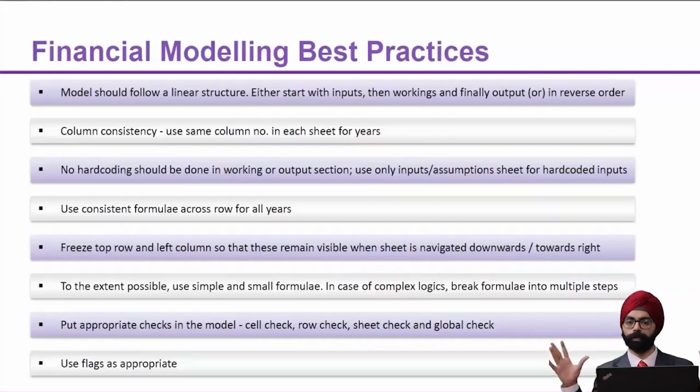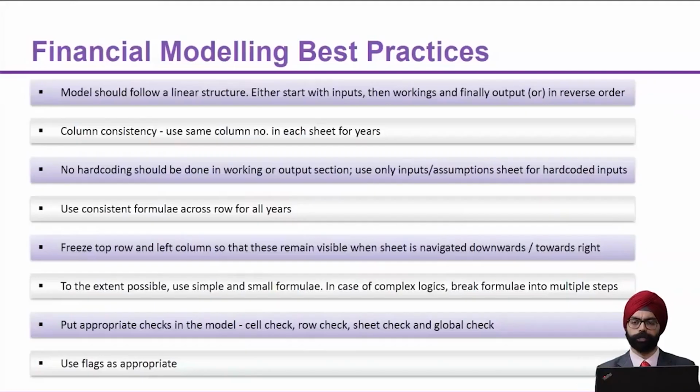A big formula or a detailed complex logic in one single cell is going to lose transparency, because the end user of the model may not be able to understand what that formula is trying to do. But the moment you break that complex formula into various rows, you have broken that logic into multiple steps. So try to use small formulae.